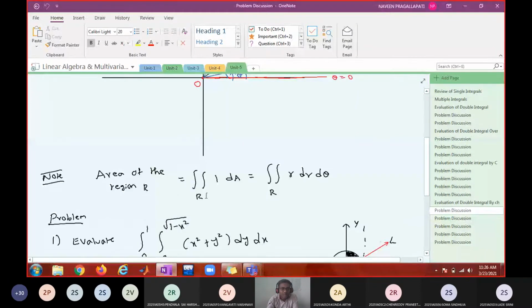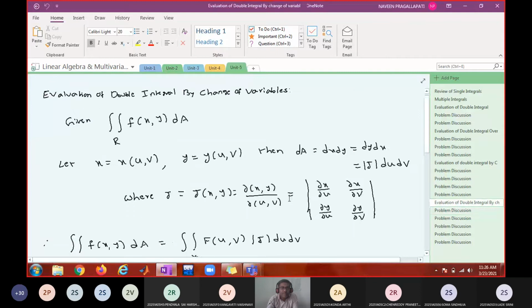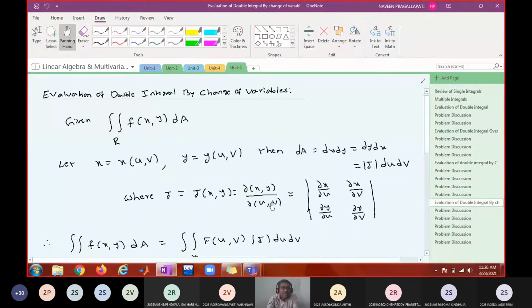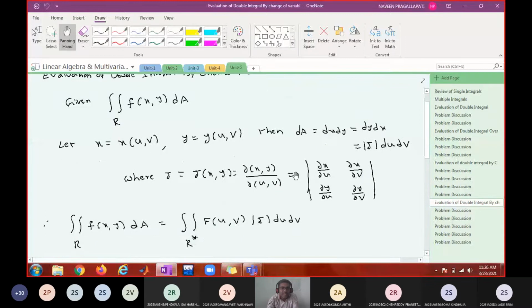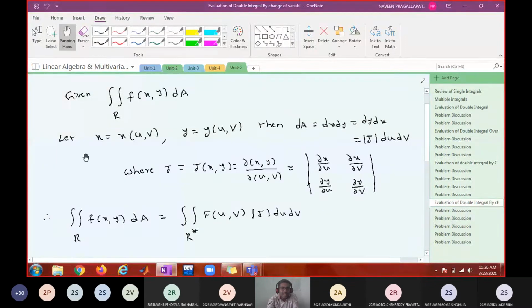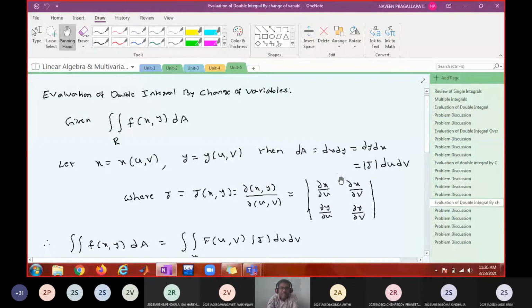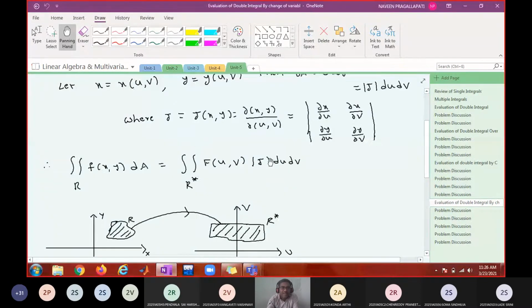In the case of polar coordinate system, area is the double integral of r dr d theta. So this is a general formula to convert Cartesian to UV coordinate system. When x is in terms of u and v, and y is in terms of u and v, then dA, or dy dx or dx dy, becomes modulus of J du dv. J is the Jacobian. Here x and y are dependent variables, u and v are independent variables.